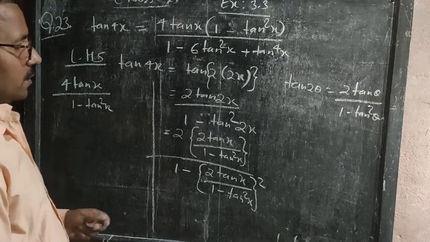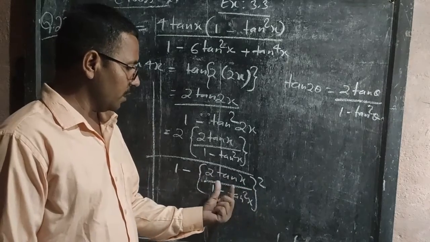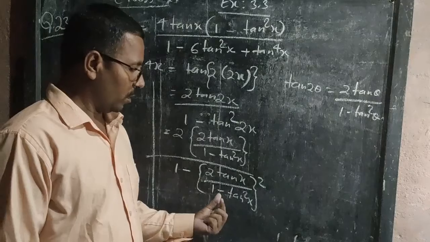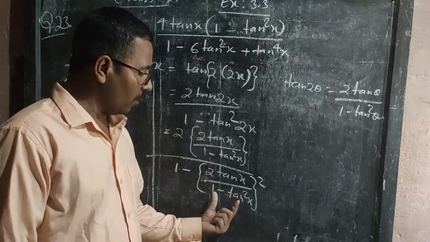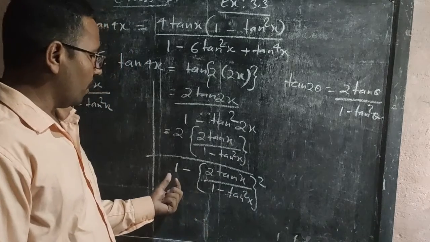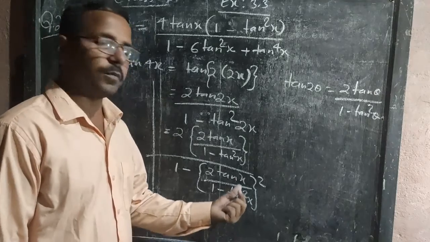So now students, what is given here? Whole square, generally we have to use in the denominators. So a minus b whole square we will use, and that will be our LCM. So 1 will be the LCM. So 1 minus tan square x, that means a minus b whole square.